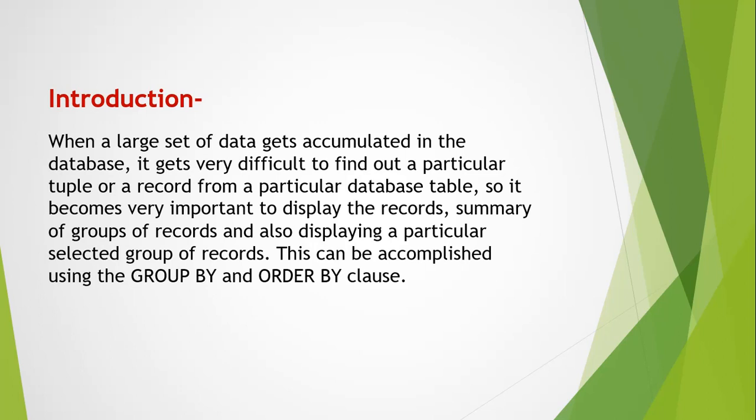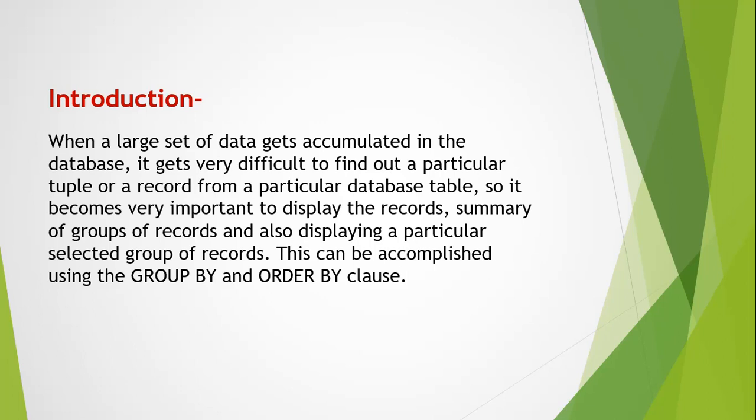We can say that when a large set of data gets accumulated in the database, it gets very difficult to find out a particular tuple or record from a particular database table. Why is it so? You already know that the records cannot be differentiated easily.